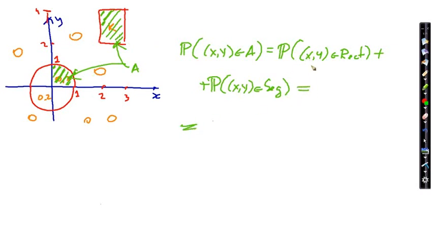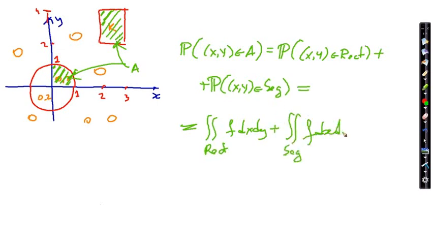So how to calculate that? So double integral over that rectangle of our f dx dy plus double integral over that segment of f dx dy. Okay, and how to calculate this integral?